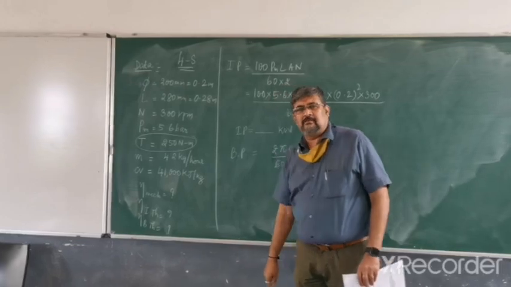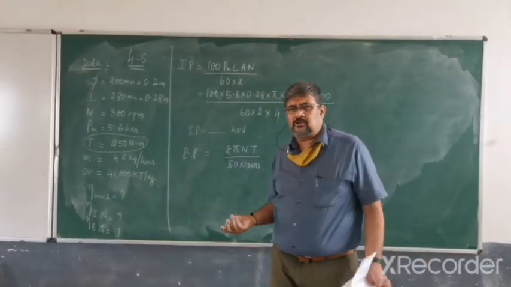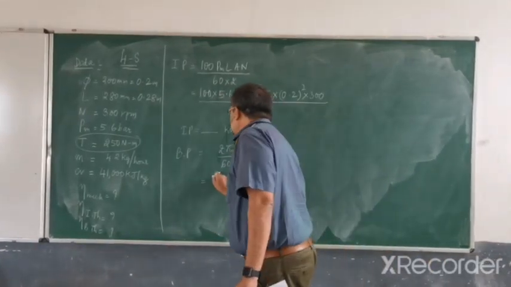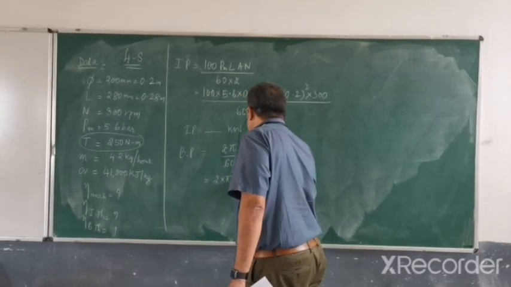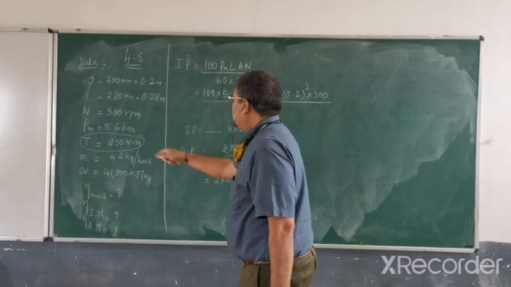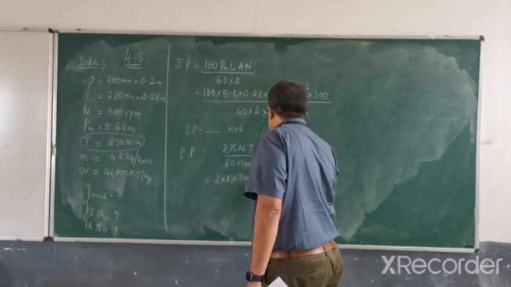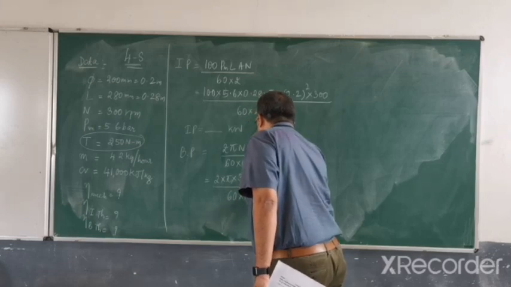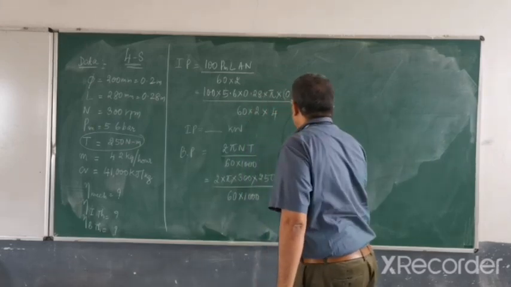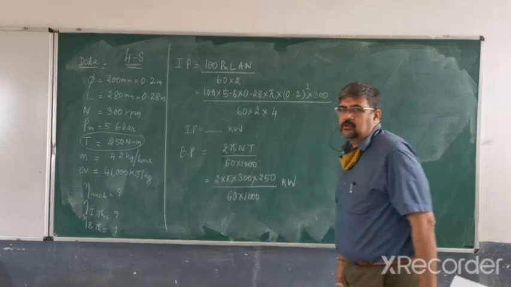The torque on the brake drum is directly given, so there is nothing much to do. You will simply write this as 2 into pi into N, again 300 RPM, T is 250, divided by 60 into 1000. So you will get this in kilowatt. This also you have obtained in kilowatt.